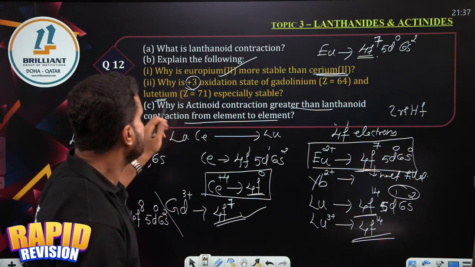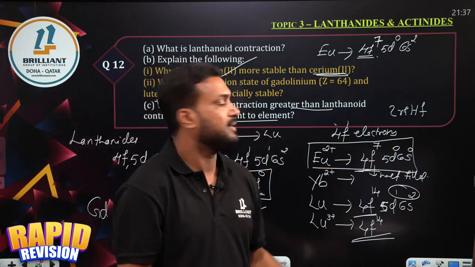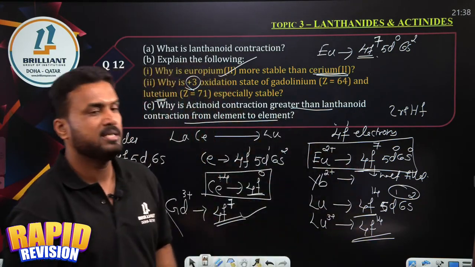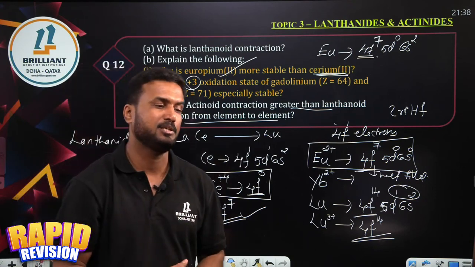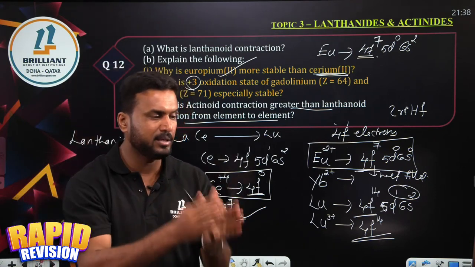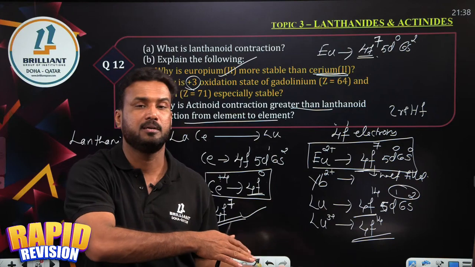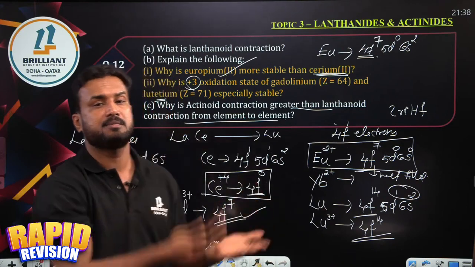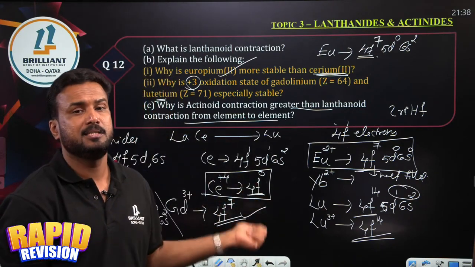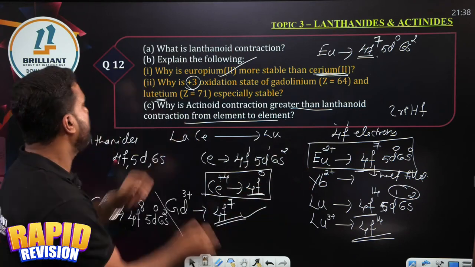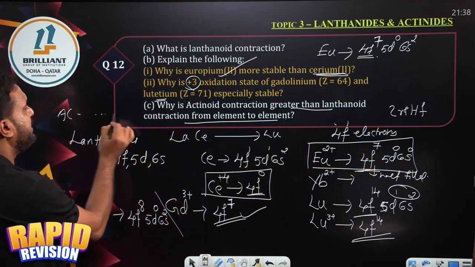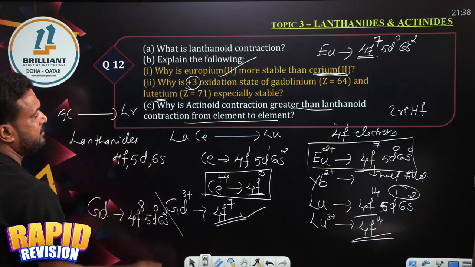Then see, sub question C, why is actinoid contraction greater? What is the actinoid contraction definition? That you tell first. Actinoid contraction is same like lanthanoid. There is a gradual decrease from actinium to lawrencium. Actinoid starts from Ac, ending as lawrencium, Lr.